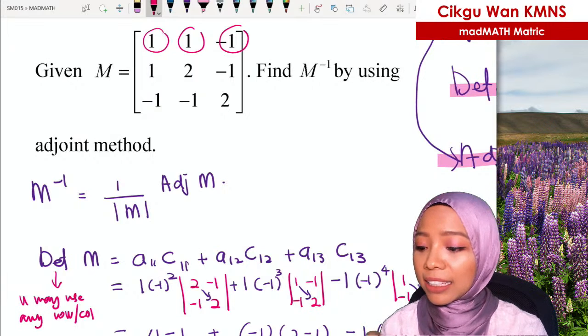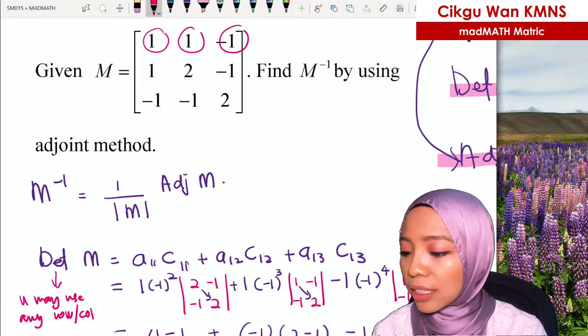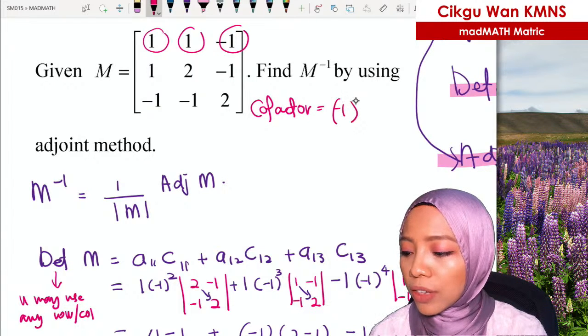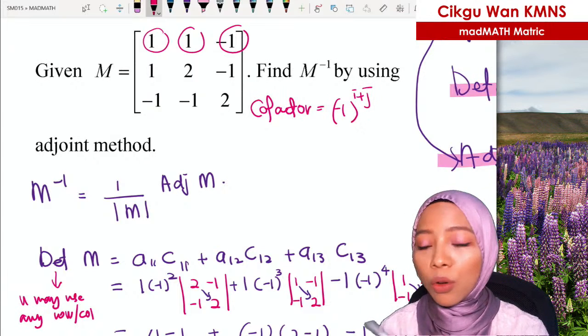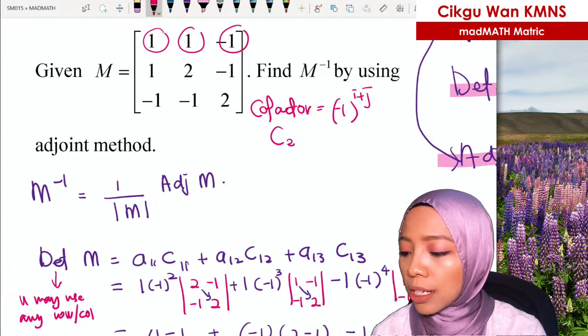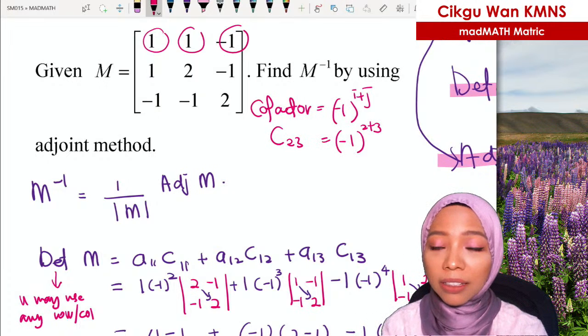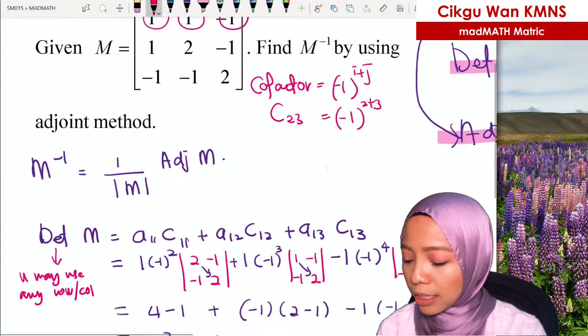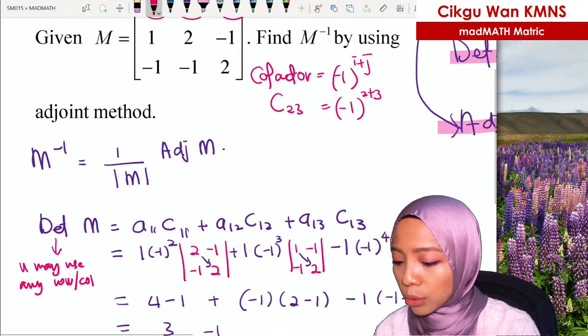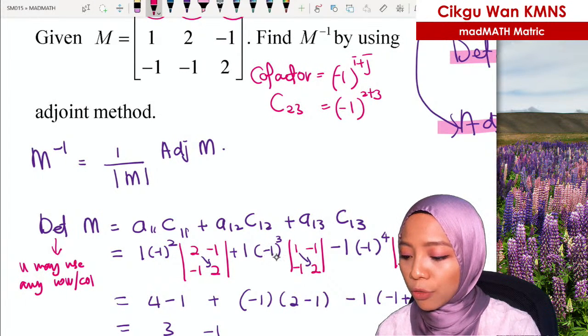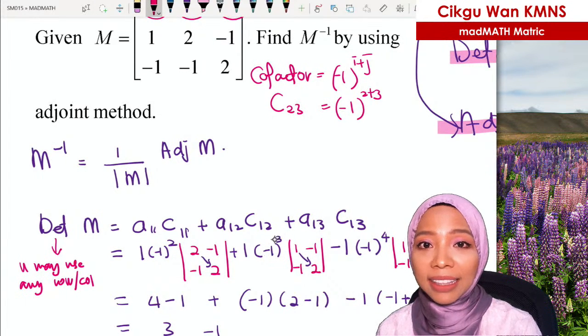Kan kita dah setuju bahawa formulanya negative 1 to the power of I plus J. I plus J tu ikutlah cofactor apa yang kita nak. Kalau C 2, 3, negative 1, 2 plus 3, 5. Dalam kes kita ni, kita nak 1, 2. So, 1, 2, negative 1, 1 tambah 2 dapat 3.